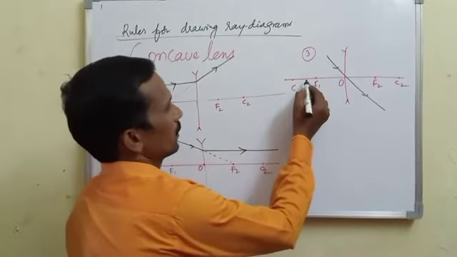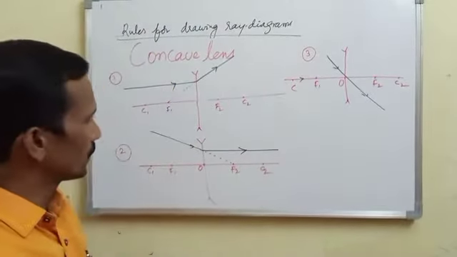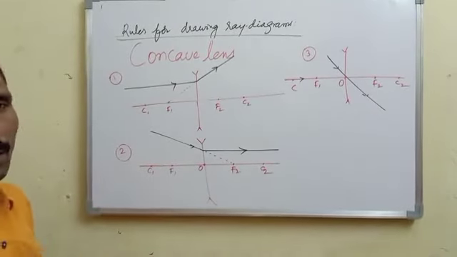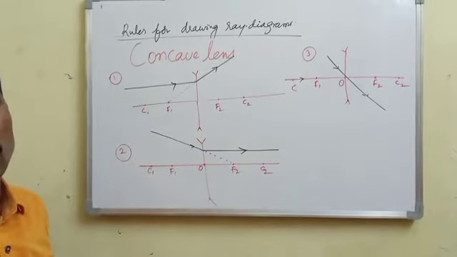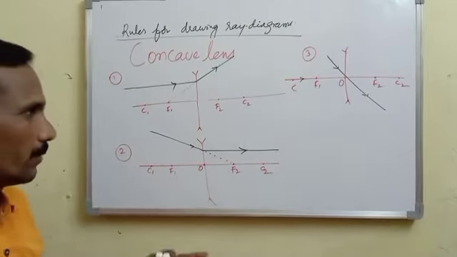Also a light ray incident along the principal axis will not deviate. Okay, these are the behaviors of light rays on a concave lens. It will help us draw the image positions for various object distances.